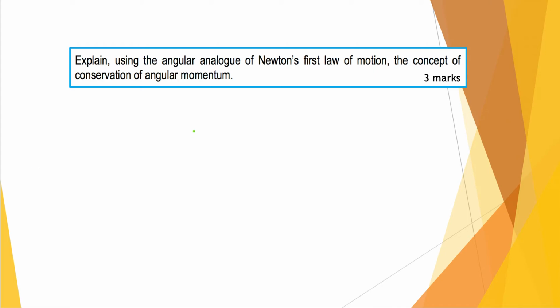Okay, a bit of an easier question perhaps now. Explain, using the angular analogue of Newton's first law of motion, the concept of conservation of angular momentum. So again, for this one, we're going to need to be able to define the angular analogue of Newton's first law, but we need to say what that means about the conservation of angular momentum.